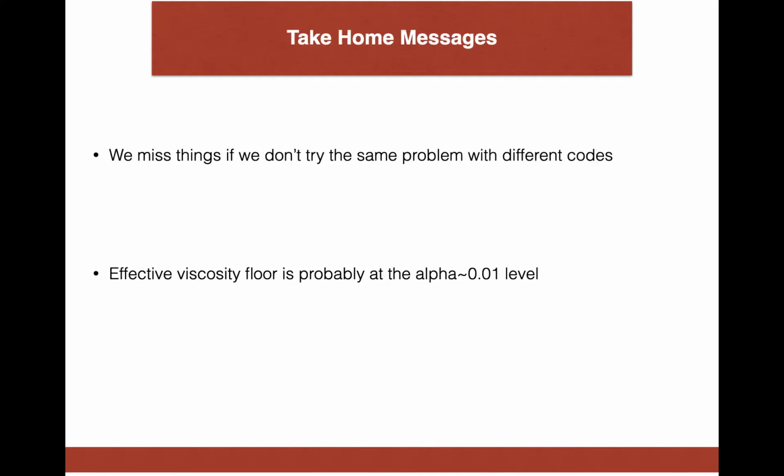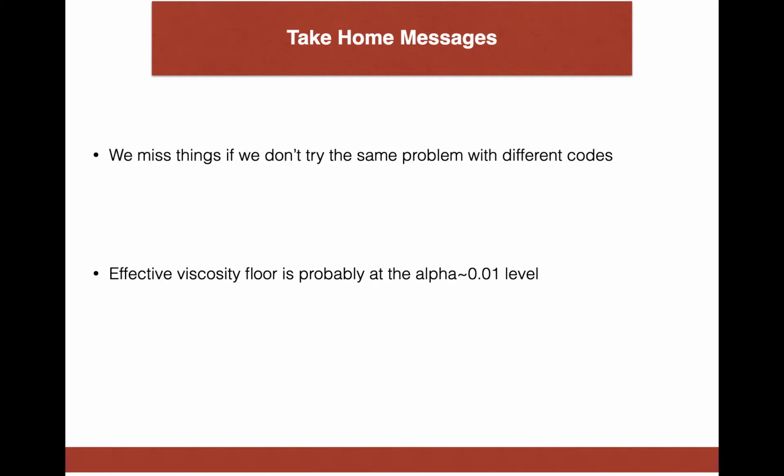Nearly out of time, but I wanted to give the take-home messages. There are only really 2 things that I wanted to stress. Even though we have very good reasons to believe that SPH is much better adapted to this problem, we should always be trying things out, because otherwise we miss things. And the other thing is that something needs to be done about the effective viscosity in SPH.